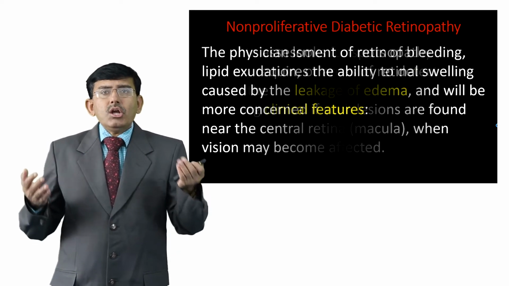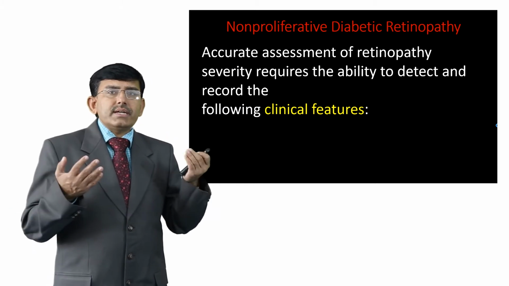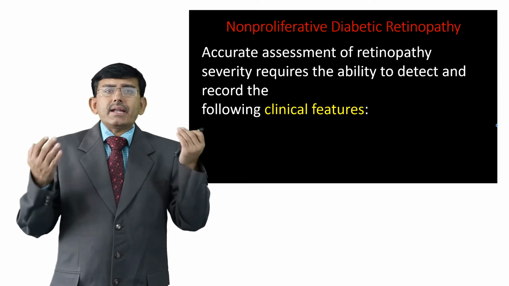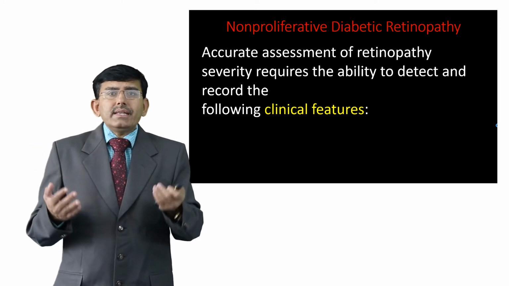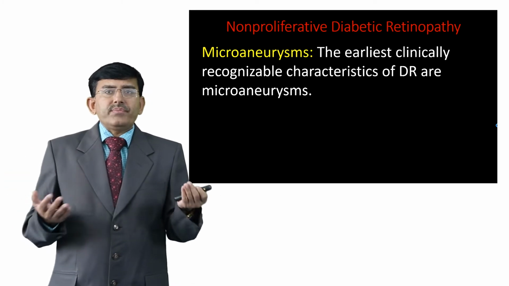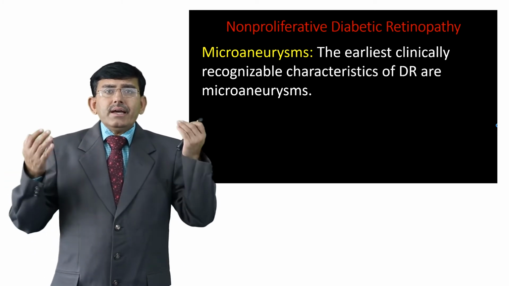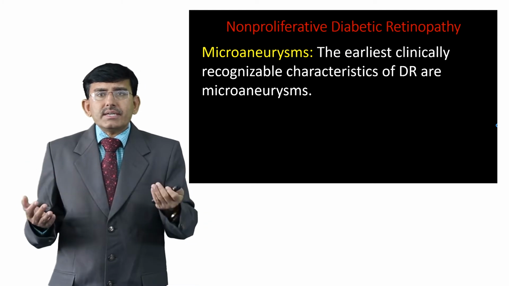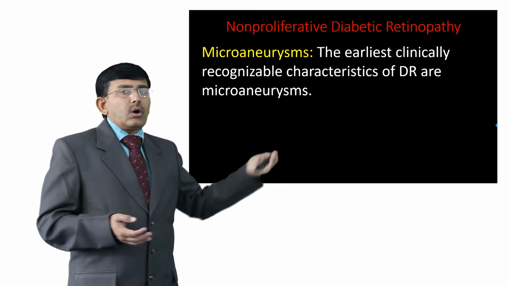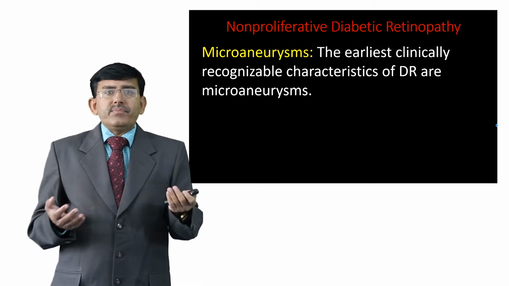Accurate assessment of retinopathy severity requires the ability to detect and record the following clinical features. Number 1, microaneurysms. The earliest clinically recognizable characteristic of diabetic retinopathy is called microaneurysm.